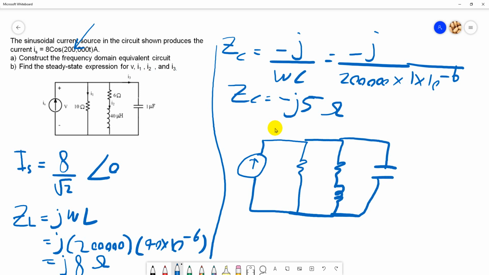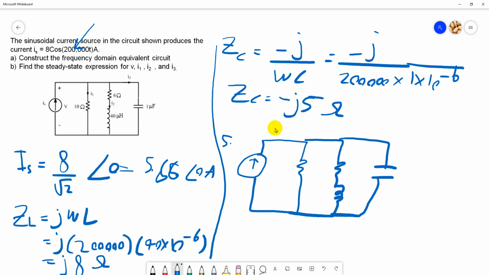So 8 divided by square root 2, don't just leave it like that, you have to solve this. So 5.66 angle 0 ampere. You can use A or ARMS. Either way, it is automatically assumed as RMS.